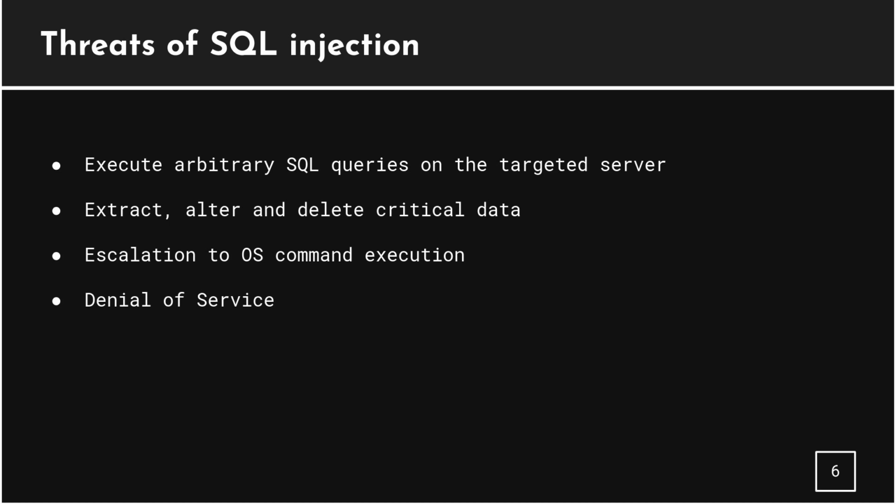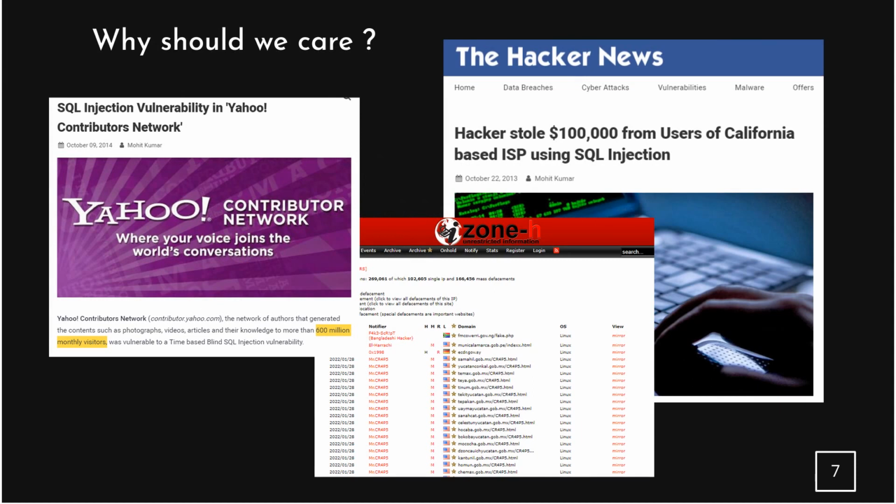So this has been the threats of SQL injection. To further illustrate how dangerous SQL injections can be, numerous famous InfoSec incidents were caused by SQL injection attacks. It should be noted that SQL injection vulnerabilities are discovered everywhere, from small local libraries to nation-state organizations.